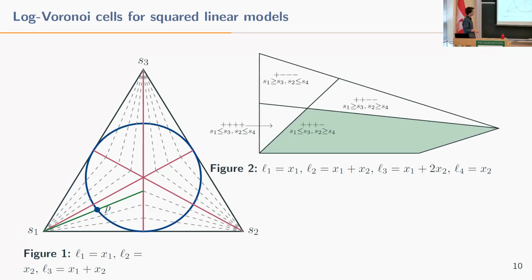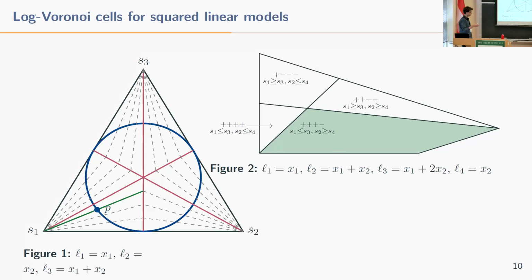Here's a slightly more complicated example. So this is already the log normal polytope for a certain point in this model. And the log Voronoi cell is this shaded area in here. So what are these other regions? Well, it turns out that for these squared linear models, the situation is very nice.